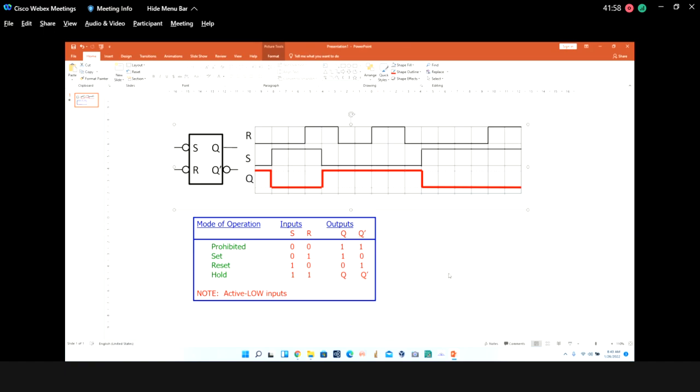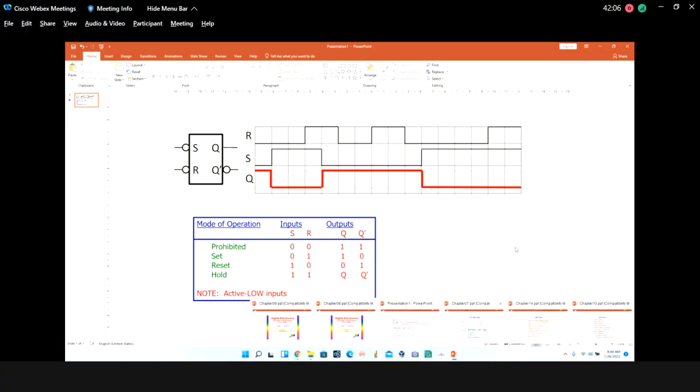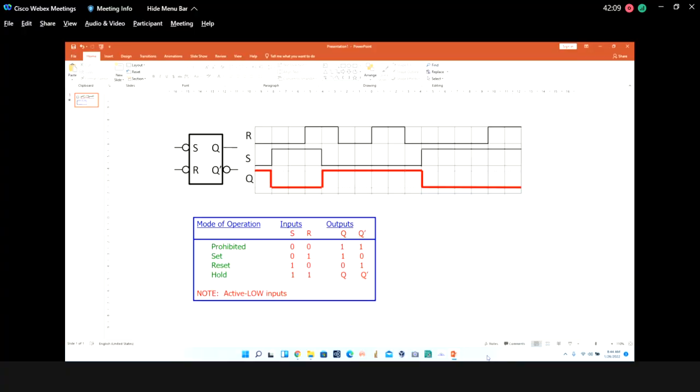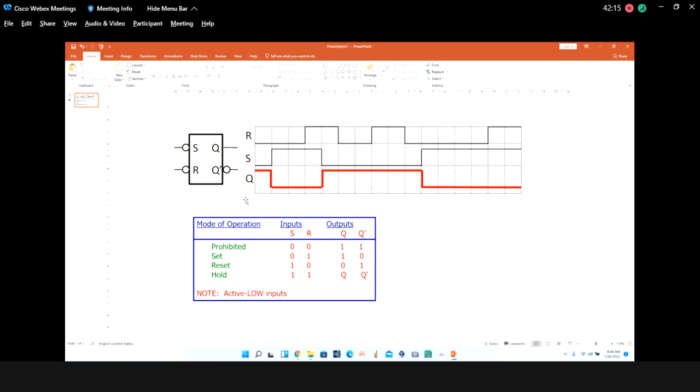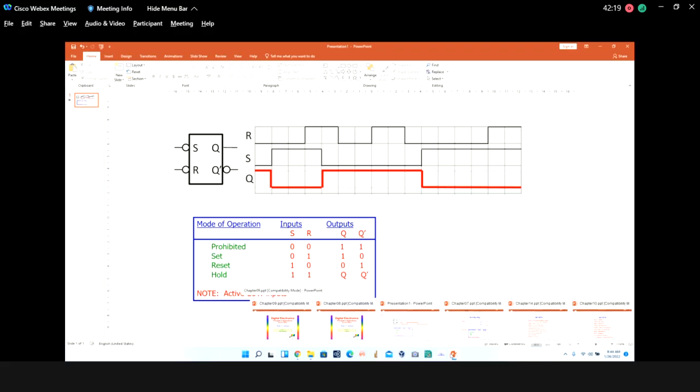Okay, you need to depend on the clock. So this is the example. I hope you get some idea how to solve the output signal if the question is given as shown.